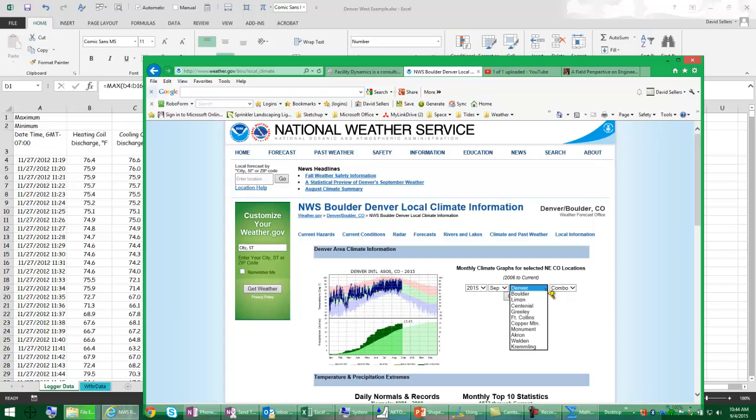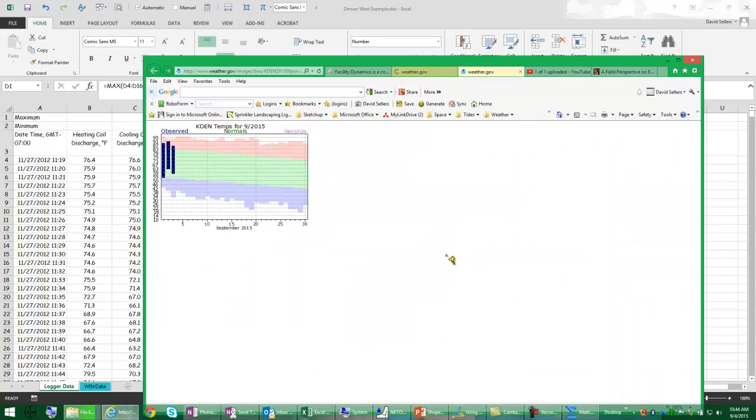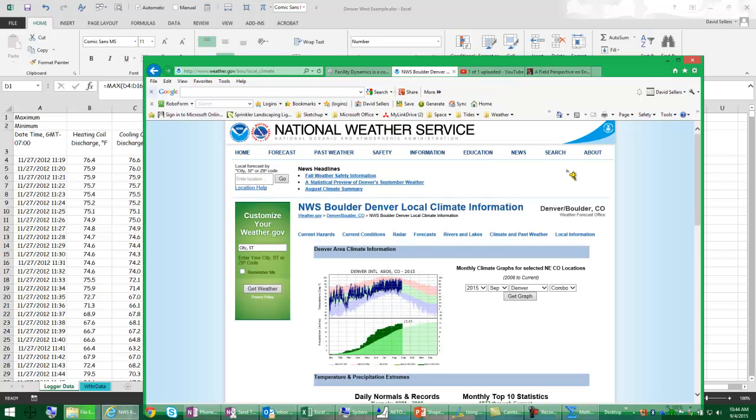There's a bunch of different stations in Colorado. I'm going to stick with Denver, and I'm just going to look at what the temperature year looks like. Okay, that's going to give me a month. I need to keep the combo to get the entire year.